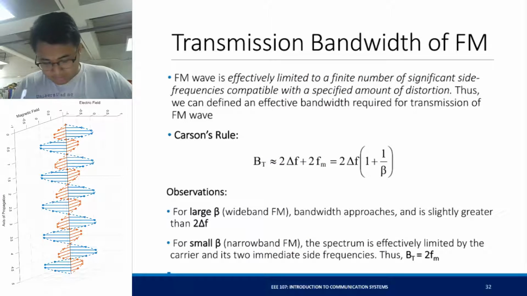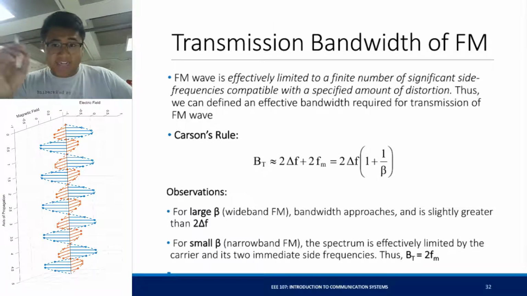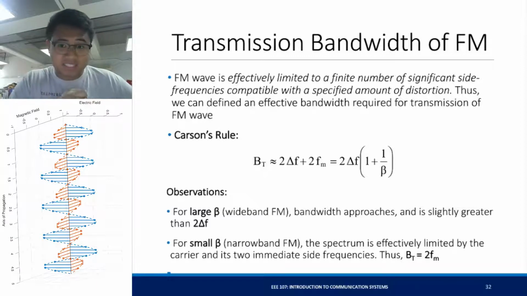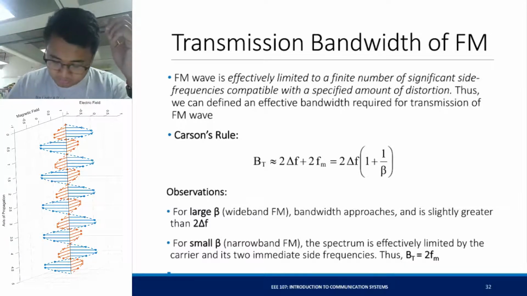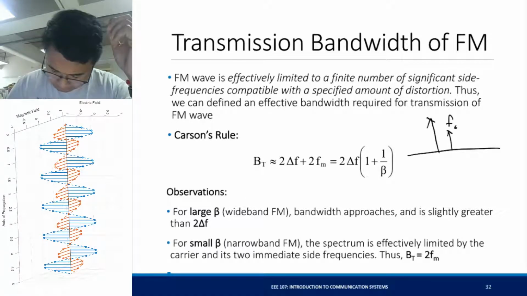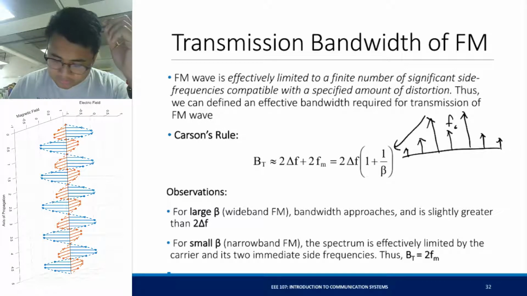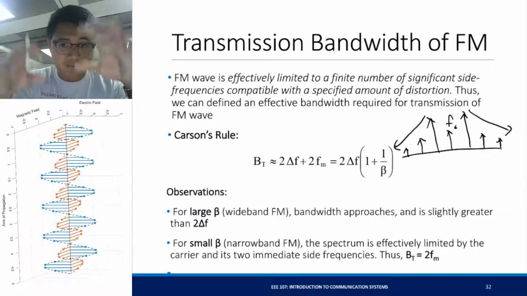So one way of approximating the transmission bandwidth of FM is if an FM wave is effectively limited to a finite number of significant side frequencies compatible with some specified amount of distortion. So if you move away from fc, the side lobes or the delta functions gradually decrease until they become very insignificant.